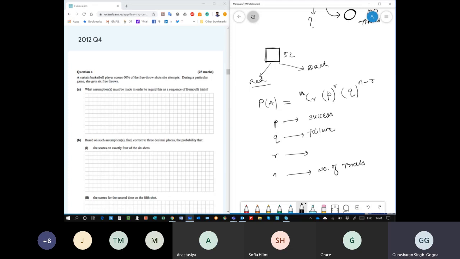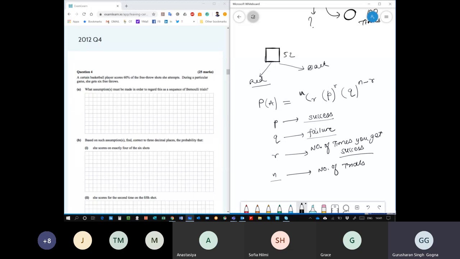r is the number of times you get success, or the number of times you want to be successful in your trials. Yes, number of successful trials, that's correct. So p means the probability of success, q means probability of failure, n means number of trials, and r is the number of times you get success.